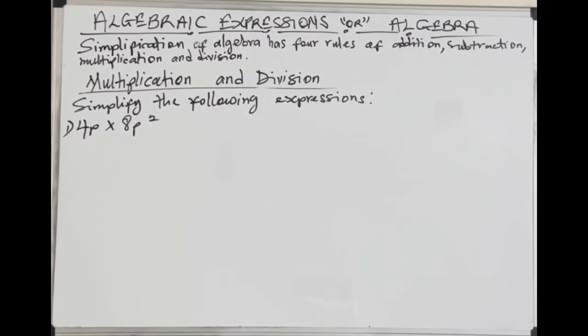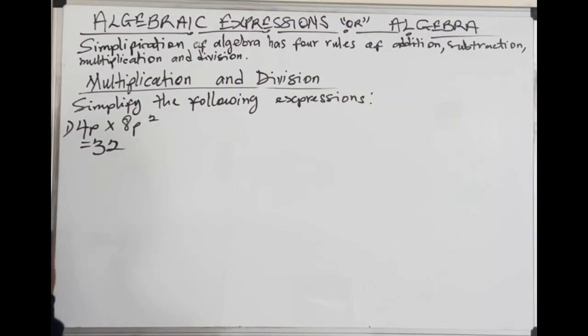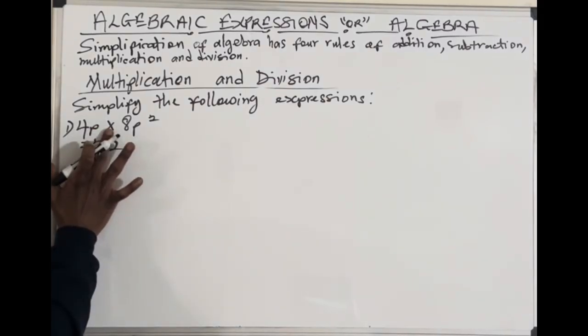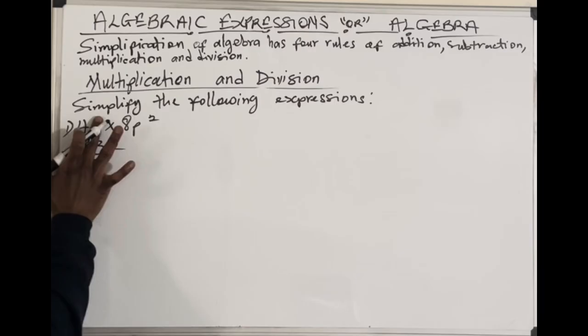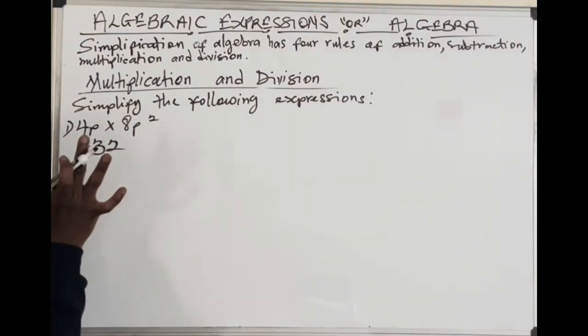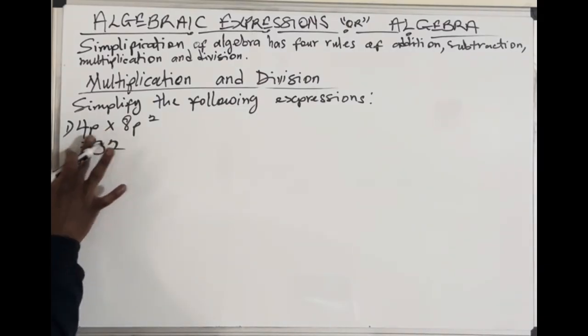Okay, all right. So 4 times 8 is what? 32. So basic laws of indices or rules of indices. When there is a multiplication sign, we do what? We add the powers. When it's division, we do what? We subtract. This time around, there's multiplication, so we do what?